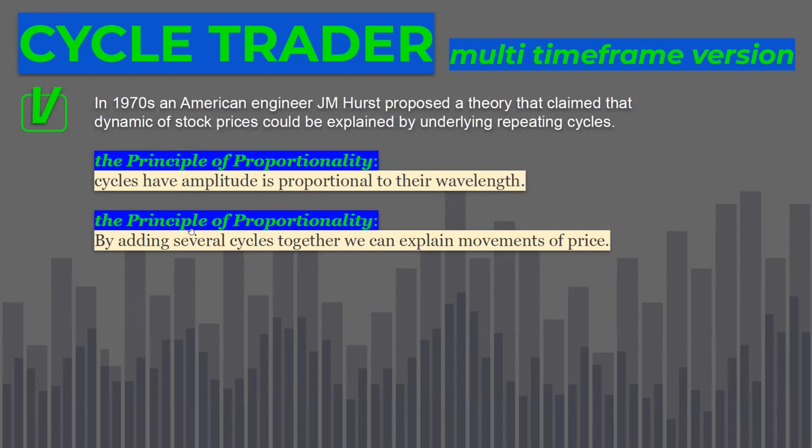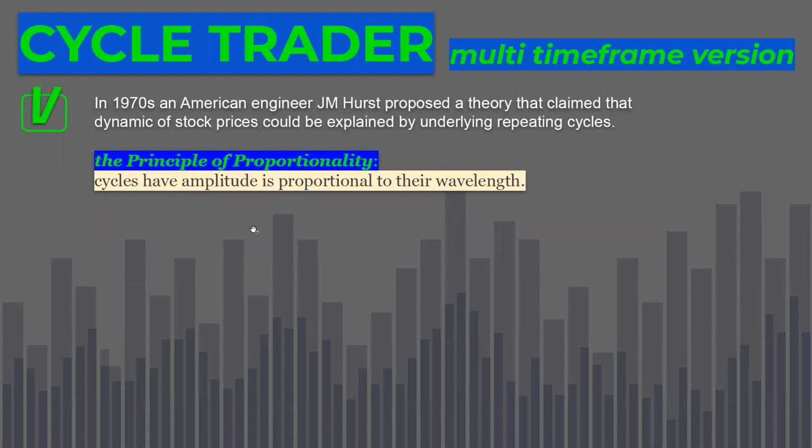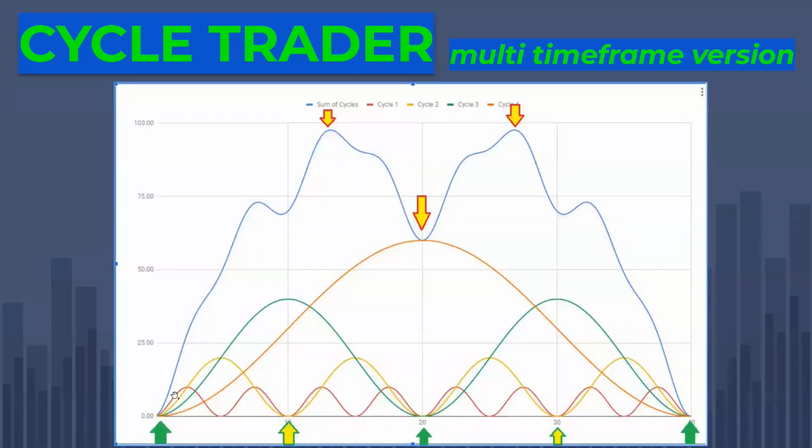Basically, it's a typo here. The principle of summation tells us that by adding several cycles together, we can explain movements of price. So essentially, if you sum all those 4 different cycles colored in different colors, you will get that value.